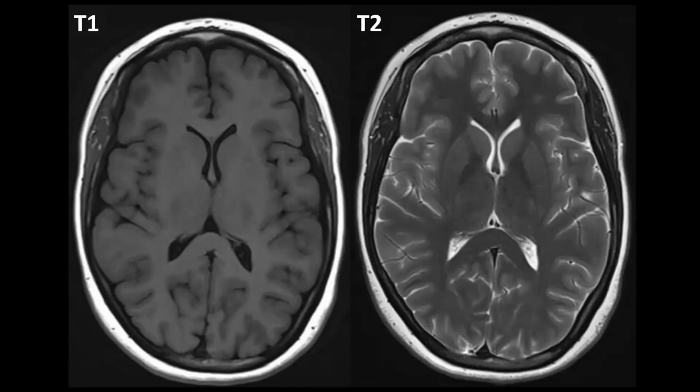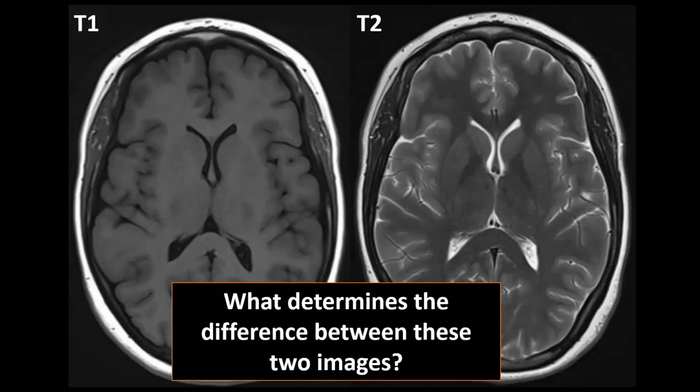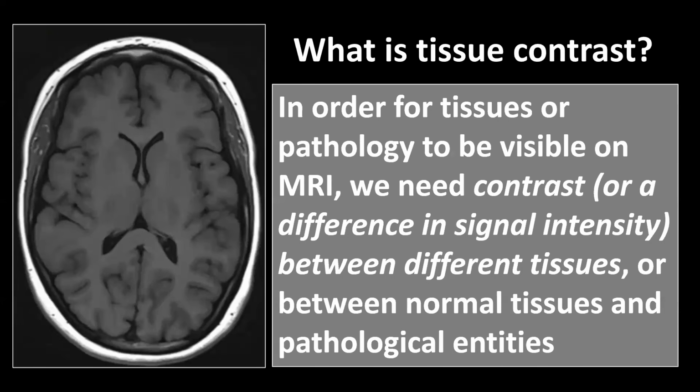So here we have T1 weighted images and T2 weighted images. How do we get these different images using the same physical principles? Now, first we need to define what tissue contrast is exactly. If we want to examine a certain body part, or detect pathology, it's important that you can distinguish the various components of that organ.